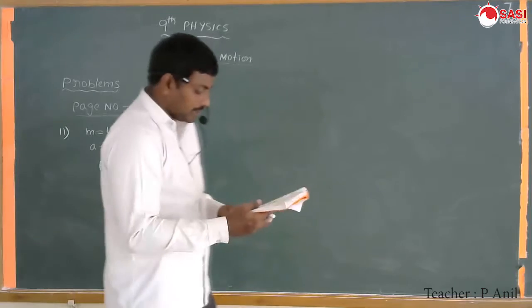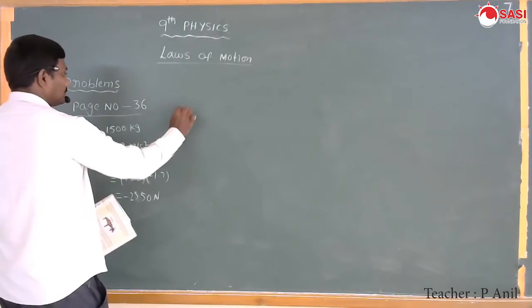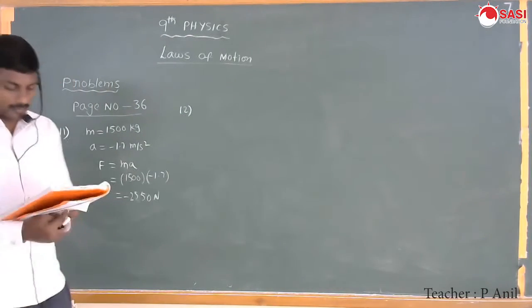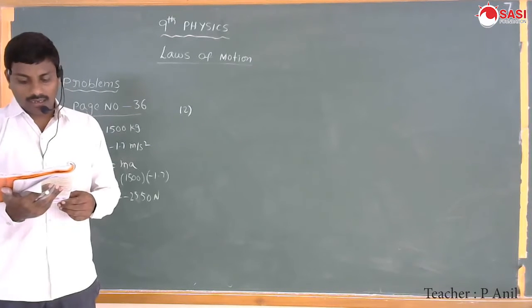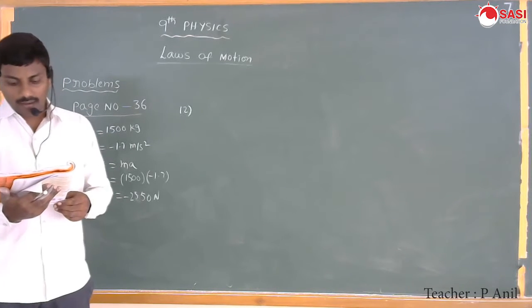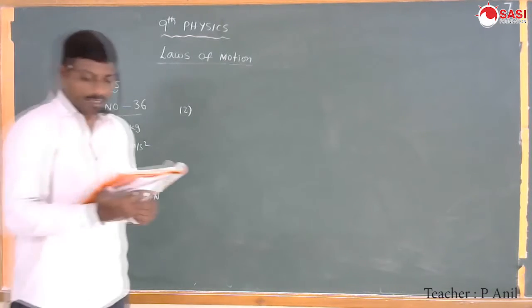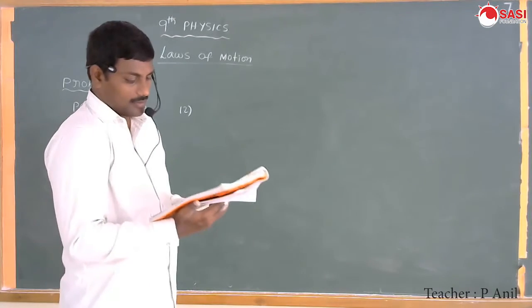Next, see the 12th problem. A truck is moving under a hopper with a constant speed of 20 meter per second.